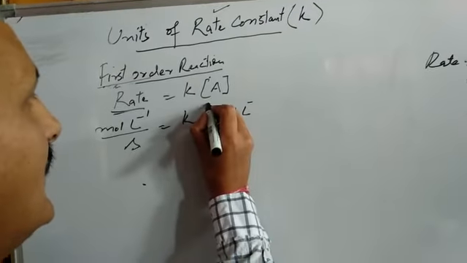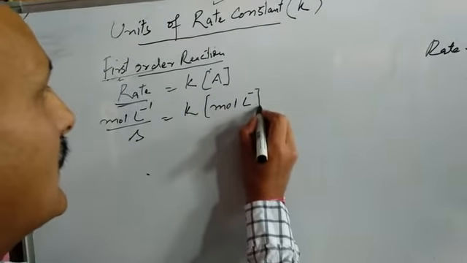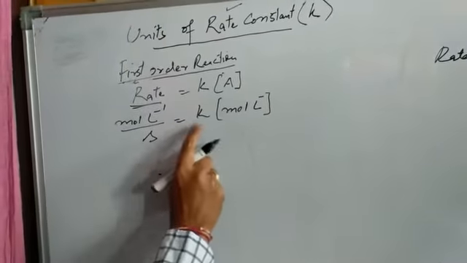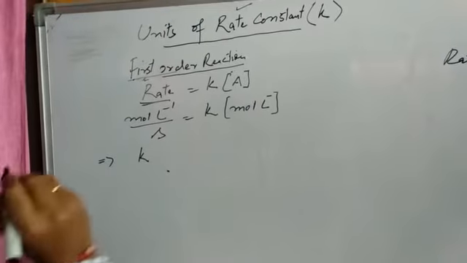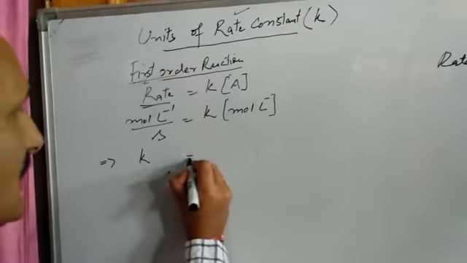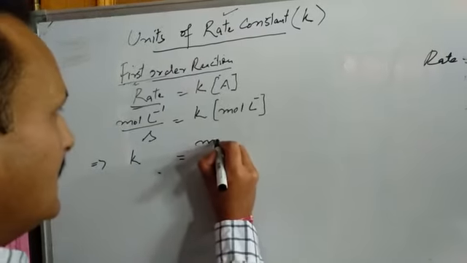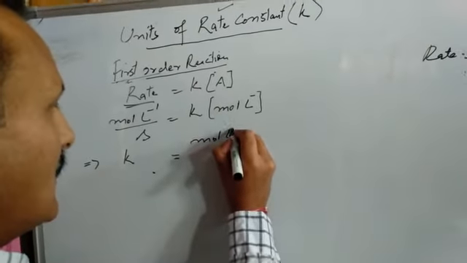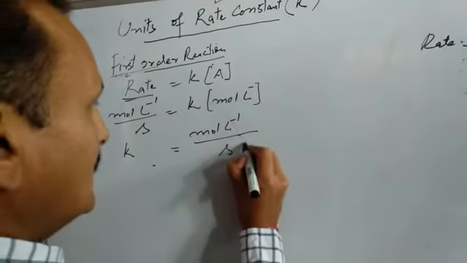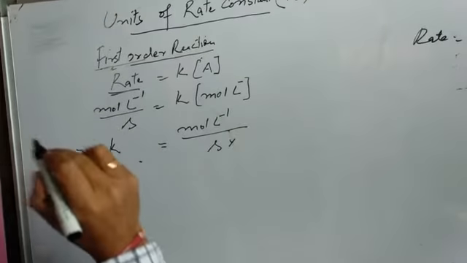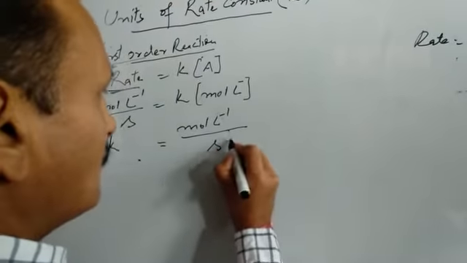Now we have to find the units of K. Bringing K to this side, K will be equal to mole per liter upon second, divided by, this will go to the denominator, mole per liter.